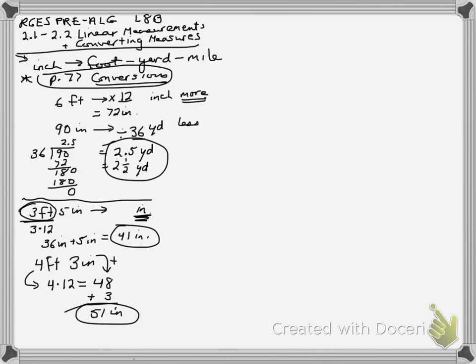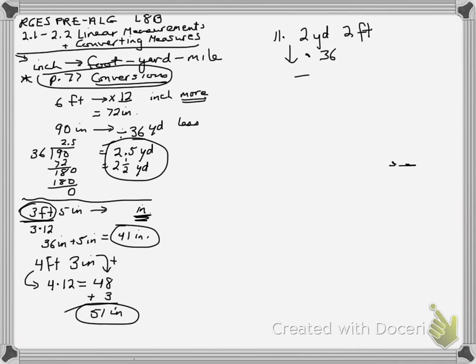This is an interesting one, number 11. Let's look at that very carefully here. So our directions are saying convert everything to inches. So if I'm converting my yards to inches, I'm going to have to multiply, and there are 36 inches in a yard.